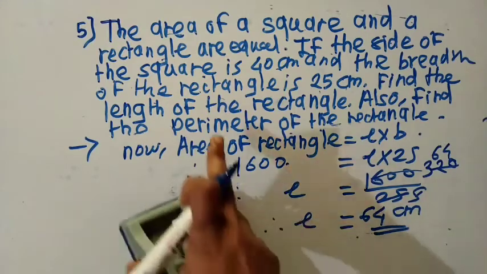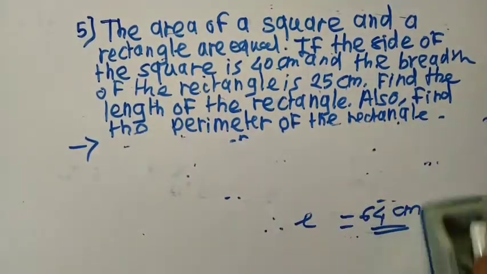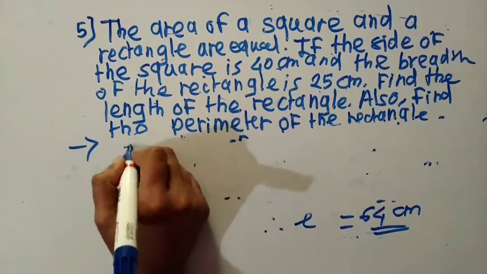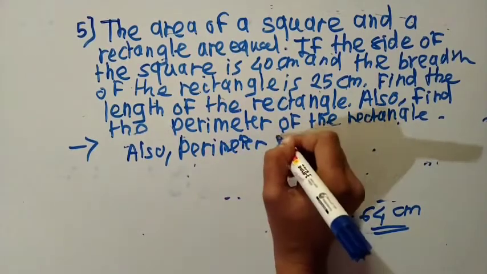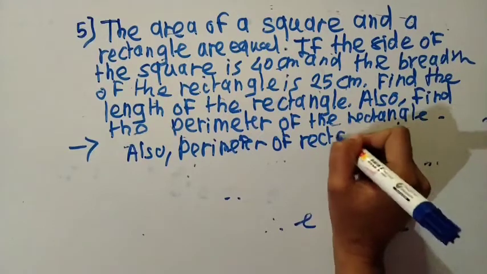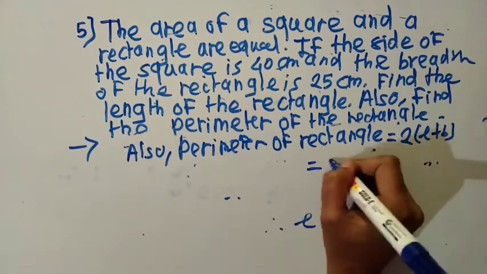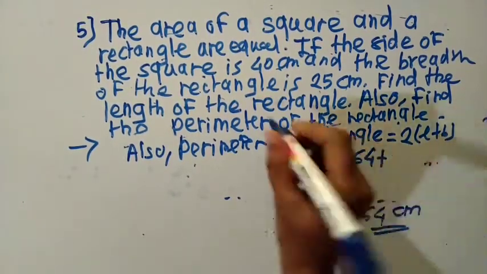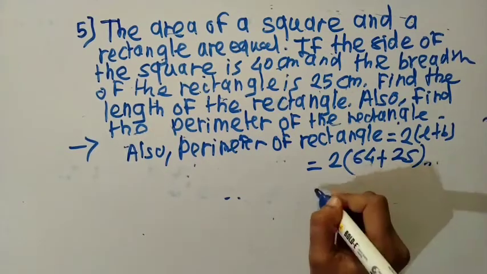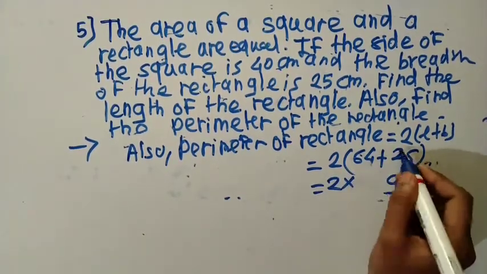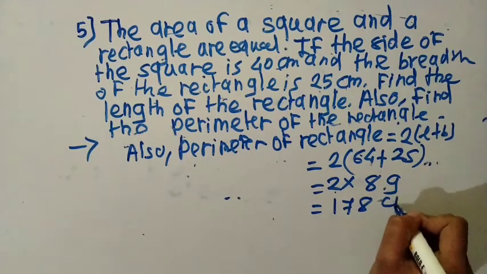Also find the perimeter of rectangle. Perimeter of rectangle is equal to 2 into L plus B, which is equal to 2 into 64 plus breadth 25, and 64 plus 25 is equal to 89. 2 into 89 is equal to 178 centimeter.